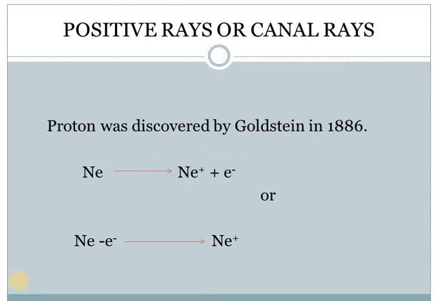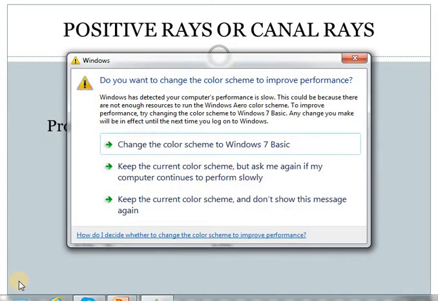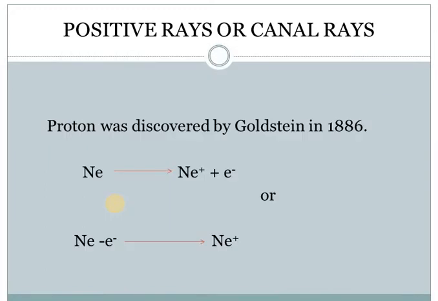In protons, first of all we will study their discovery. Protons, which are also known as positive rays or canal rays, were first discovered by Goldstein in 1886.